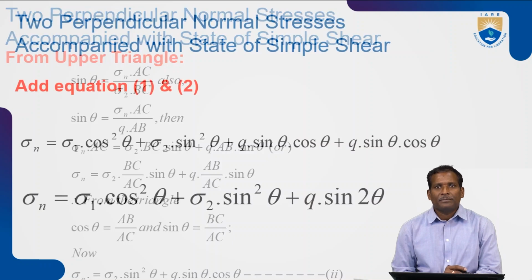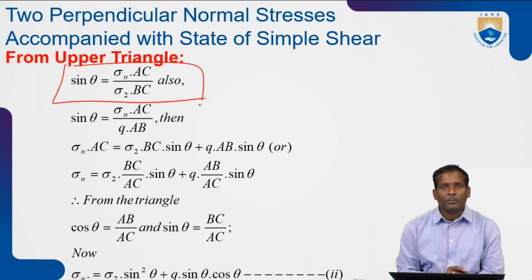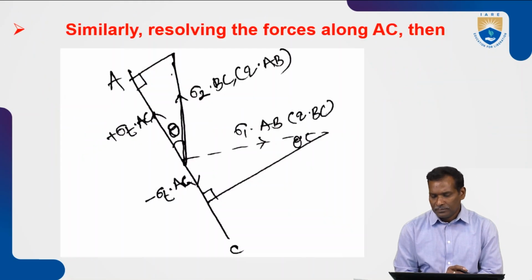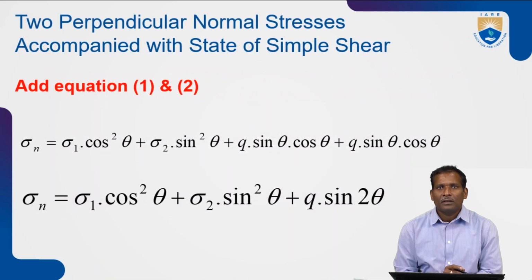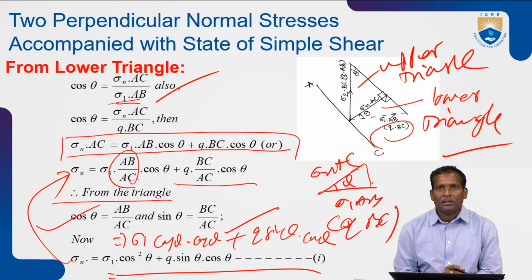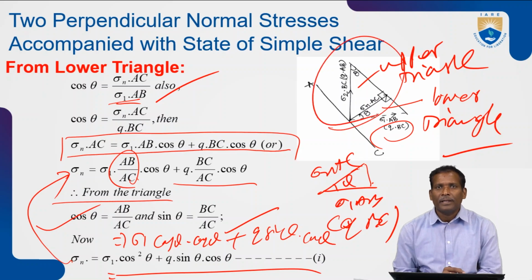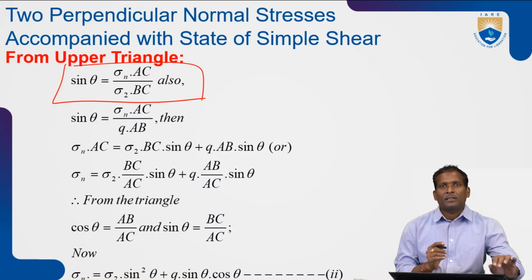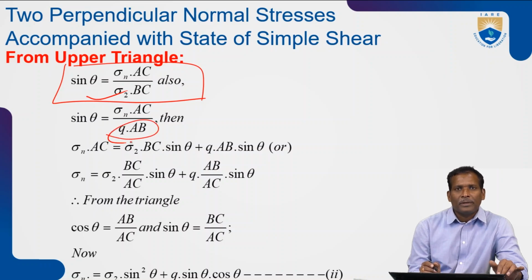From upper triangle, you can write sin theta is equal to sigma n AC by sigma 2 BC. Take this upper triangle and then sin theta is equal to sigma n AC by sigma 2 BC, and sin theta is sigma n AC by Q. So you can write the sigma 2 BC is equal to QAB.